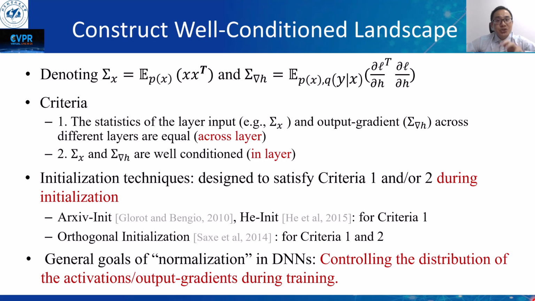Orthogonal initializations are designed for satisfying criterion 1 and criterion 2, where they aim to ensure the eigenvalues of the output Jacobian with respect to the input are nearly equal to 1.